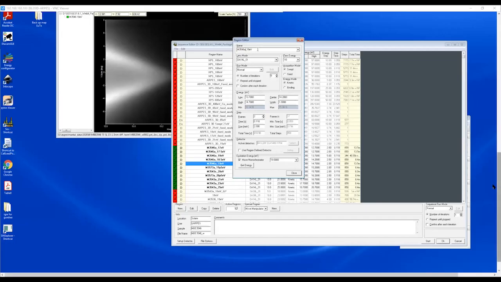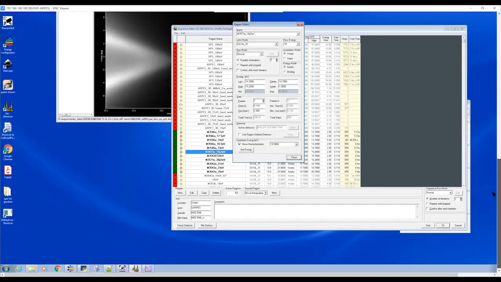And next, I want to show you the screen from our beamline. It is the first monitor.